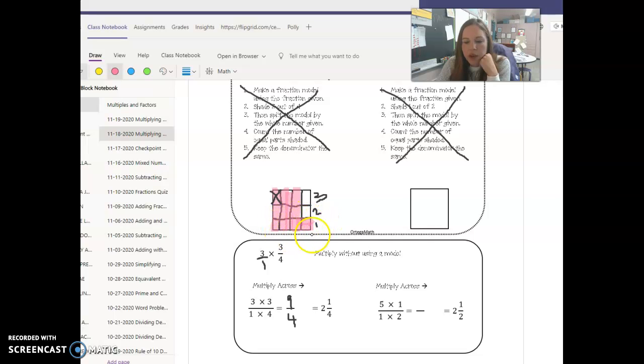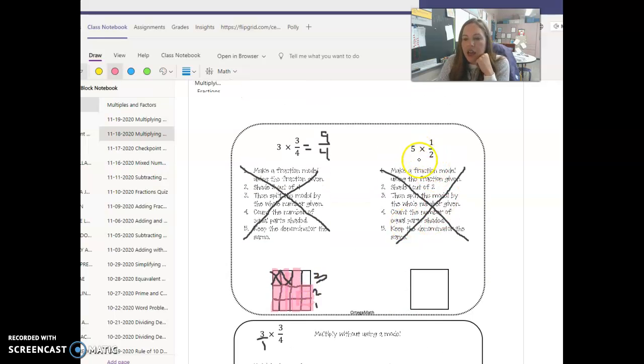So that would give me 1 whole. And then take this fourth from the 3rd row and move it to this fourth right here. So that's 2 wholes. And what do I have left? Well, I have 1/4 left on this top row. So 9/4 is the same as 2 wholes and 1/4.